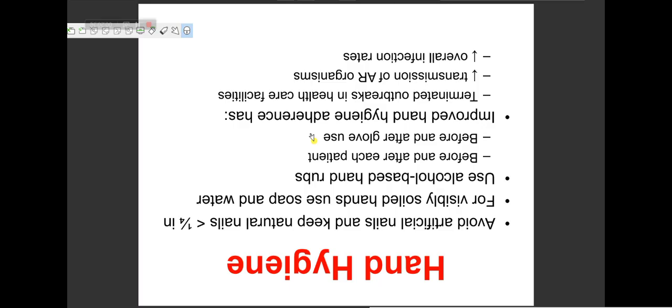We have discussed hand hygiene in depth. Here we should always avoid artificial nails. We should keep our natural nails, and always cut them, so that any germs or bacteria will not be in the nails. There will be no dirt in the nails, right?